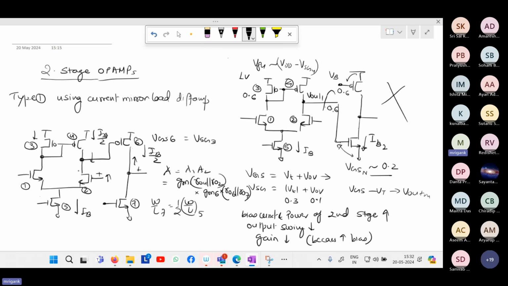So whatever terminal leads to an increase in output voltage while increasing the input voltage will be the positive terminal. So in this case, if the M2 gate is increased, the first stage output reduces, and that leads to an increase in the second stage. So this is the positive terminal, and this is the negative terminal. So in your op amp symbol, the negative terminal will be the gate of M1, and the positive terminal will be the gate of M2. Is that clear?